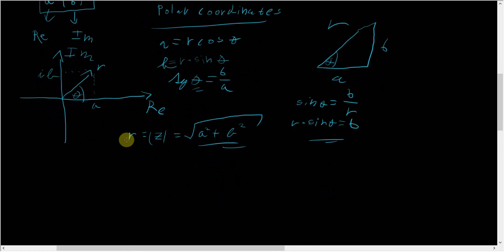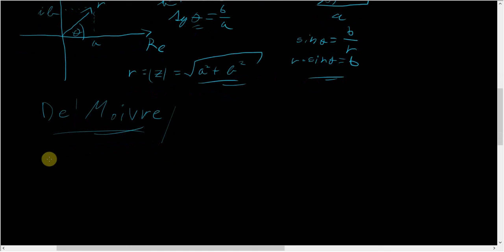And now I'm going to be speaking about De Moivre's theorem. Essentially what it states is that our complex number can be expressed in this form: r times cosine of theta plus i times sine of theta.